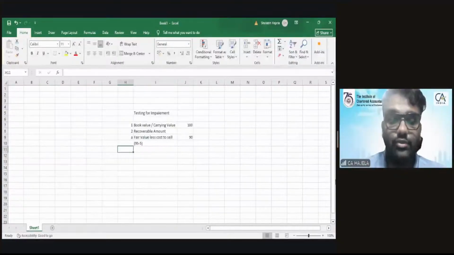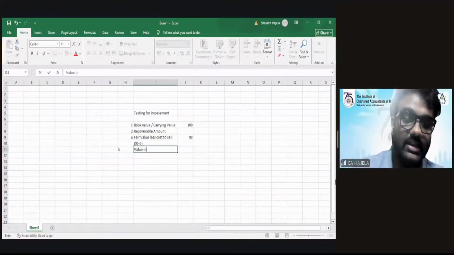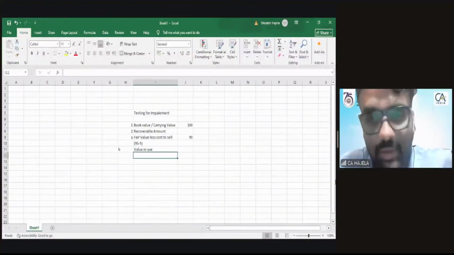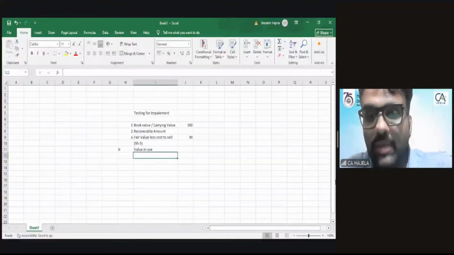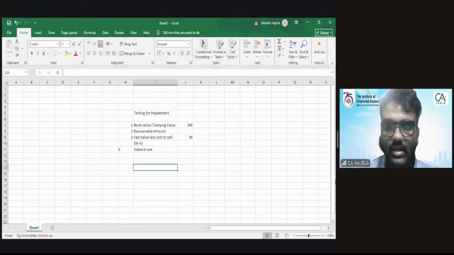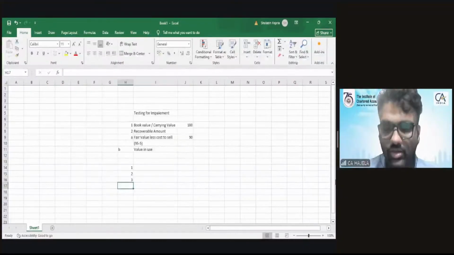B is value in use. Value in use का मतलब होता है, it means if I keep on using this asset for upcoming years, it will give me some economic benefits. उन economic benefits की fair value. Let's say 1, 2, 3. Very basic example. I will use this asset for upcoming 3 years.